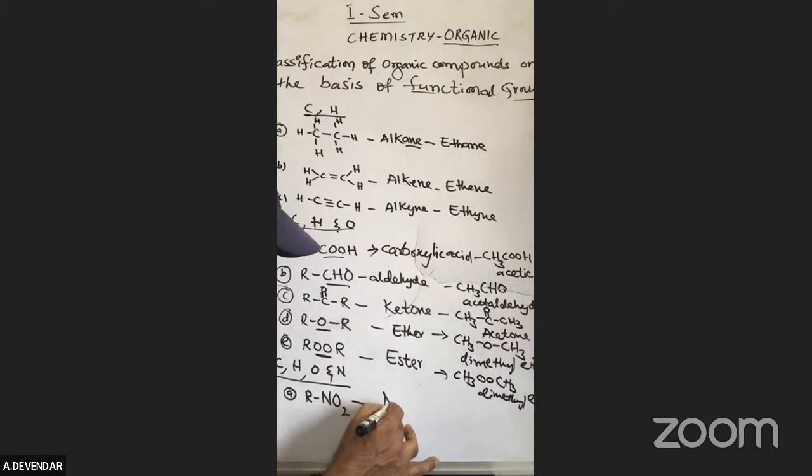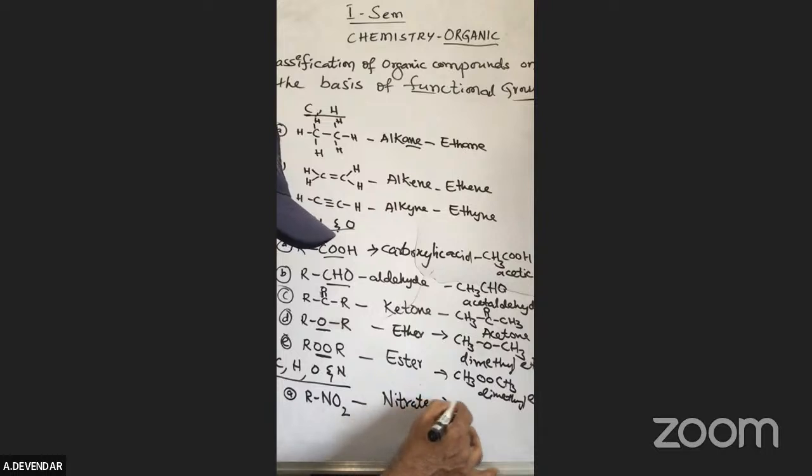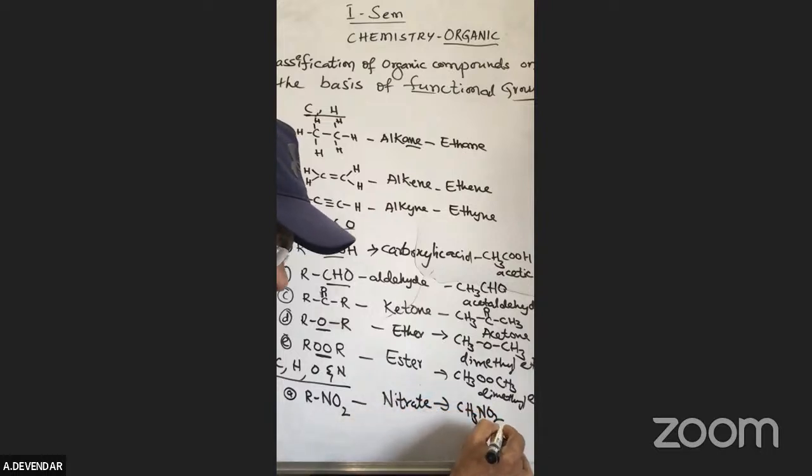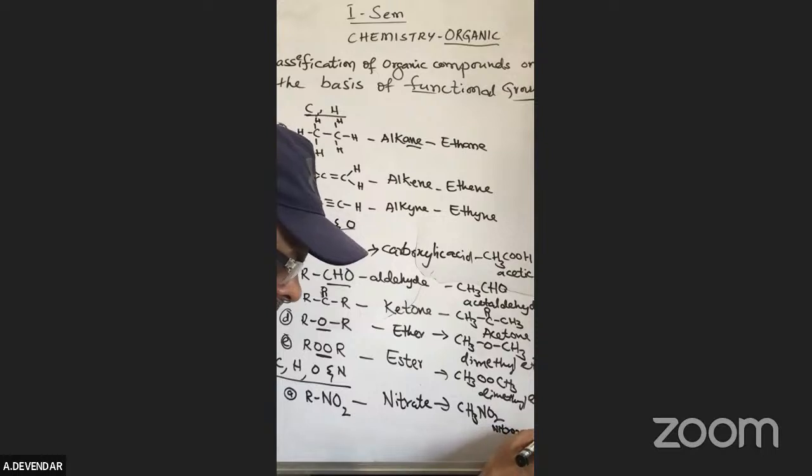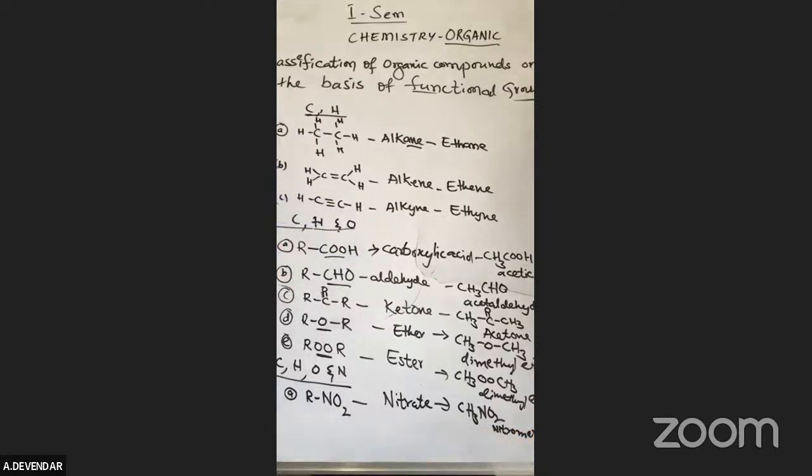Alkyl nitrate: this functional group is called nitrate. So simply methyl nitrate or nitromethane, whatever you want, both are the same. Nitromethane or methyl nitrate: NO2, oxygen, nitrogen, carbon, hydrogen.